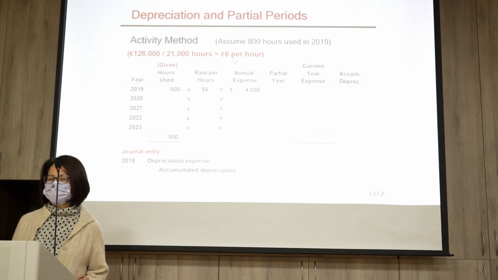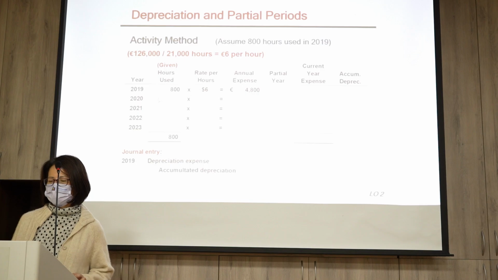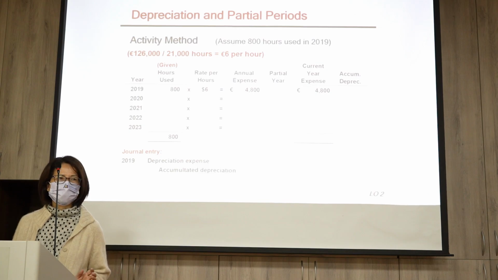So for every hour the machine works, the depreciation will be $6. In the first year, how many hours? 800 hours. Then you just multiply it by 6, so the depreciation for the year is 4,800. And how about the second year? It depends on the hours used.